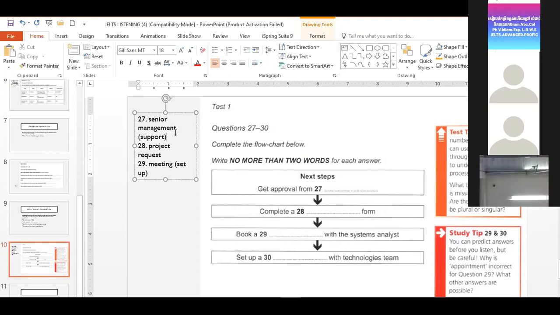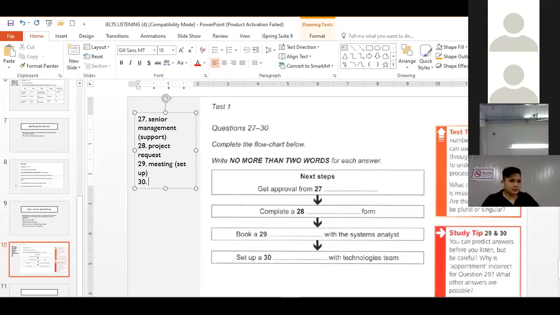Remember synonym, paraphrasing. My last one, 30. Did you get that? I heard court. You heard call, okay, but it's not enough. What kind of call? What did you hear about the internet back then? Conference call, right?